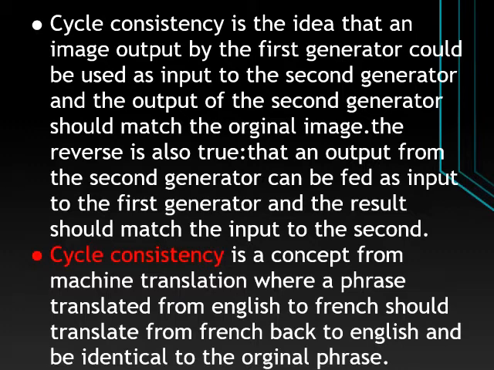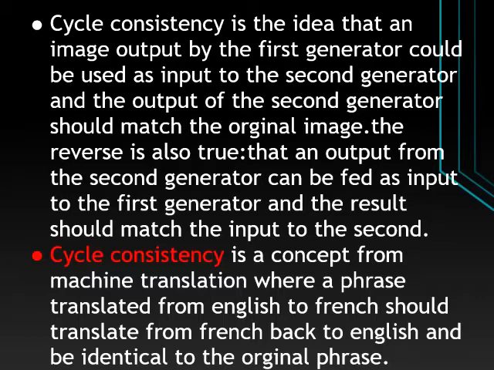Cycle consistency is the idea that an image output by the first generator could be used as input to the second generator and the output of the second generator should match the original image. It means the output of the second generator matches the input of the first generator. The reverse is also true.